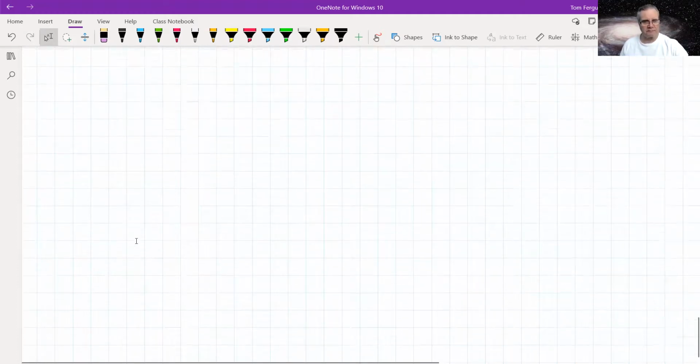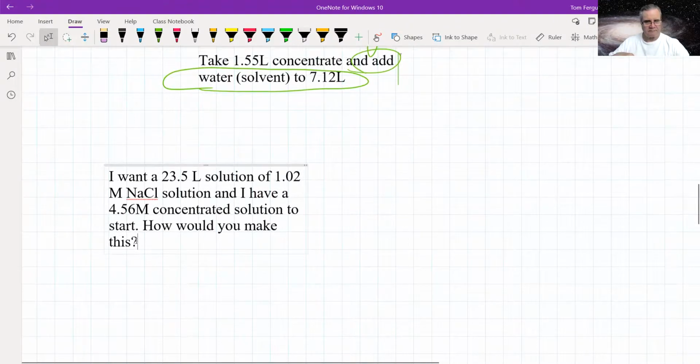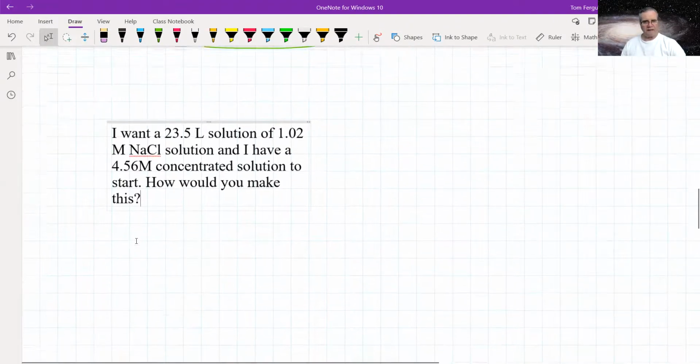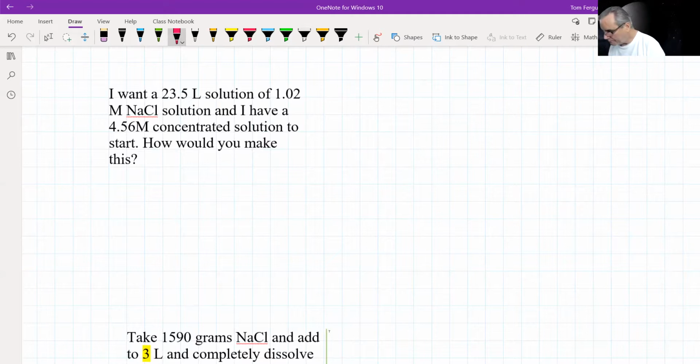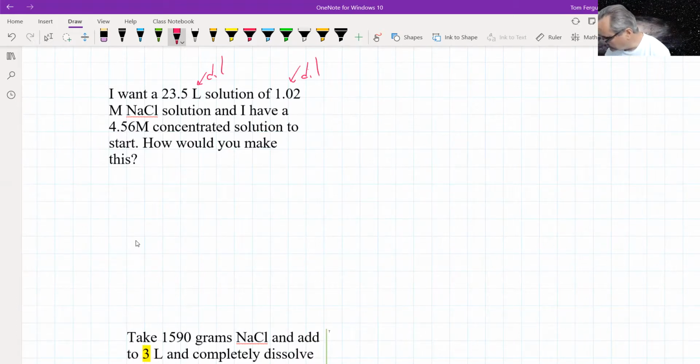So this is the dilute, and this is the concentrated. And then we don't know the volume of the concentrate. Again, it's MV concentrated equals MV dilute.